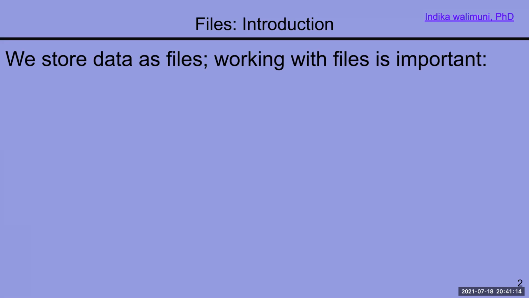Before we delve into the details of file reading, let's identify the importance of files. We store data as files. In computing, almost everything is a file at the end of the day, so working with files is important.